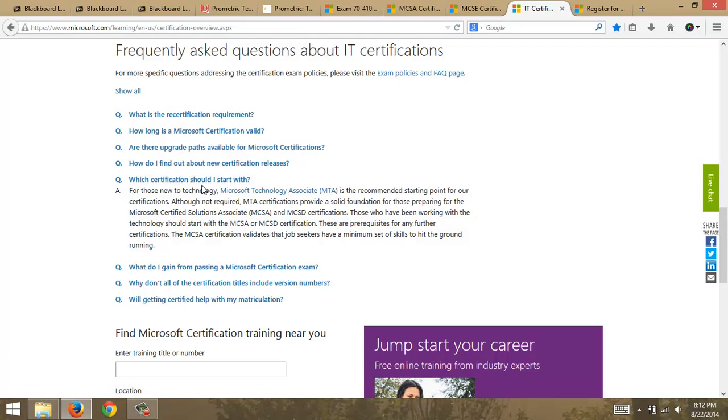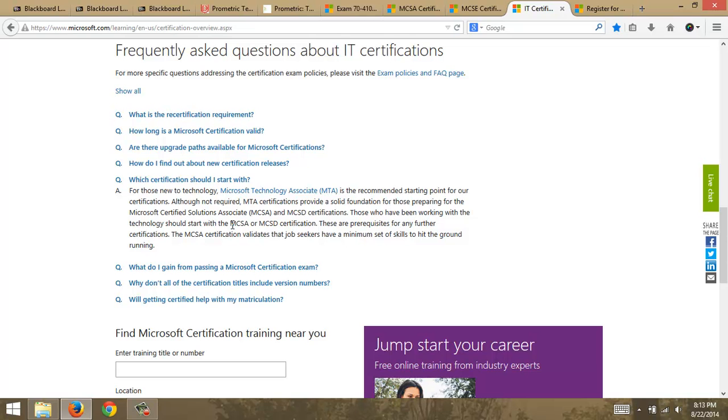But which certification should I start with? This talks about if you have no prior experience with computers, that you might want to start with an MTA. But if you have some technology experience already, and I assume you do at a 200 level course, you should start with the MCSA or the MCSD.